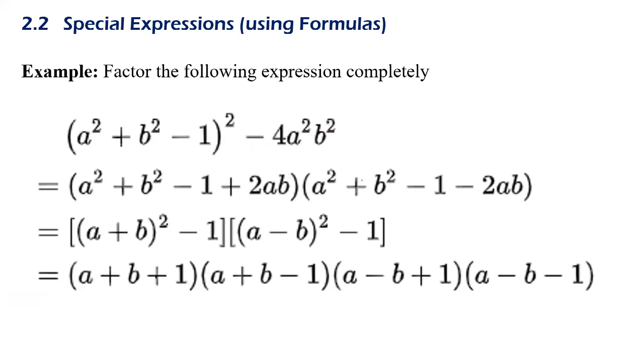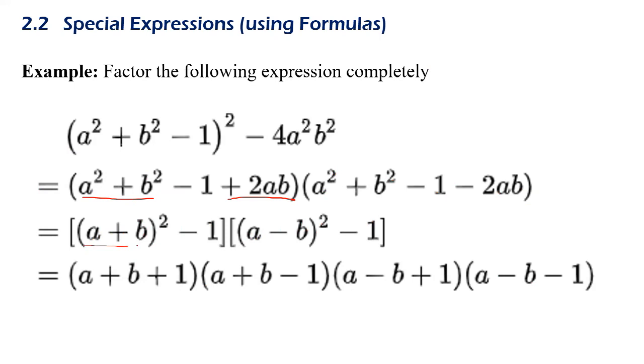Okay, times a squared plus b squared minus 1 minus 2ab. And also note that a squared plus b squared plus 2ab is actually a squared sum, right? Of a and b, and minus 1. And then a squared plus b squared minus 2ab is a squared difference between a and b, and then minus 1, right?